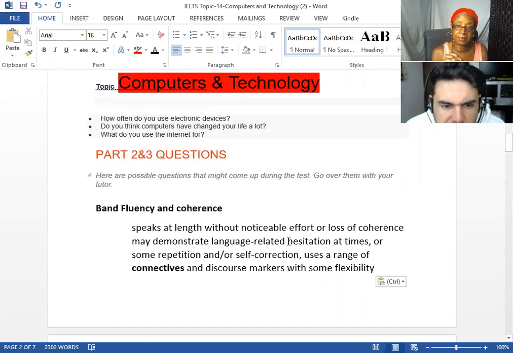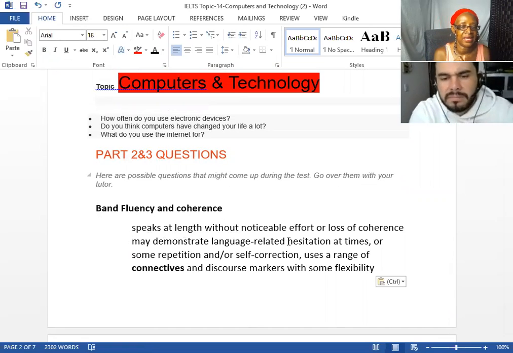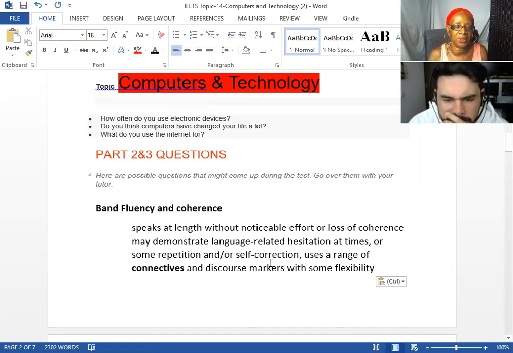This same comment applies to writing as well. So when you get to the writing part, we're going to talk about fluency and coherence. You're going to be able to speak or write without noticeable effort or loss of coherence.